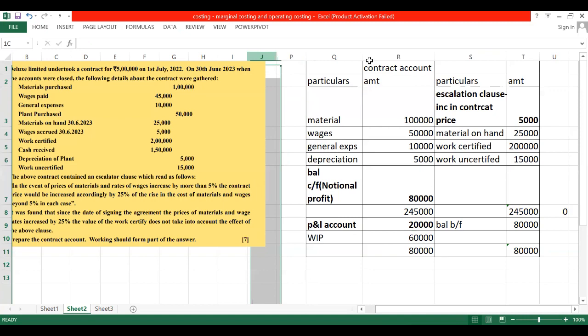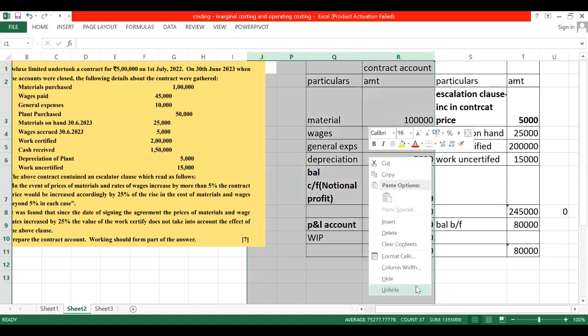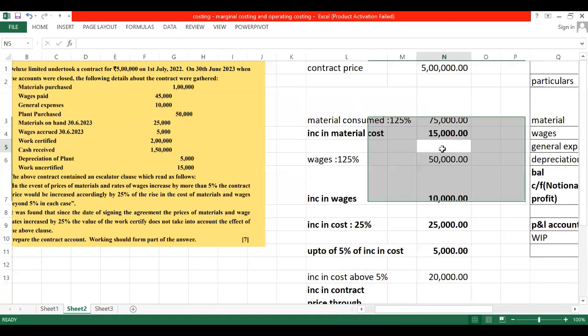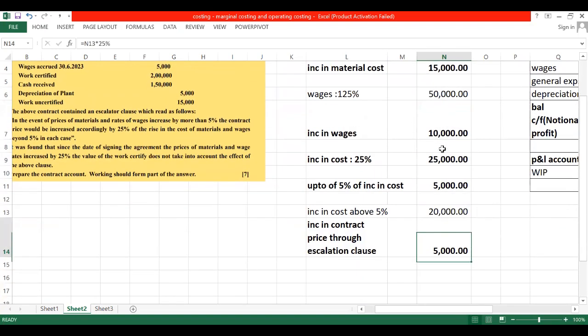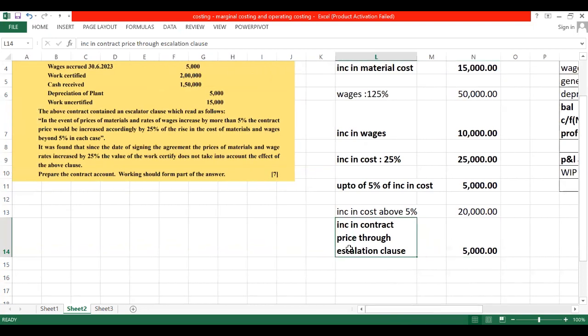So the most important part of this question is the escalation clause. If you crack the escalation clause and find out the value correctly, then preparing a contract account is just a matter of seconds.